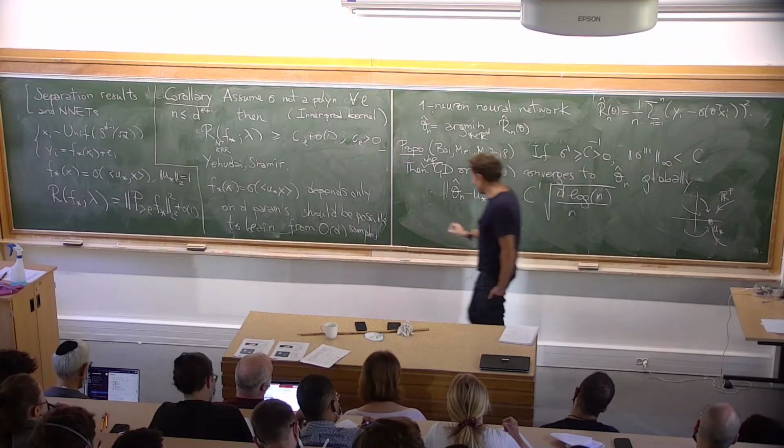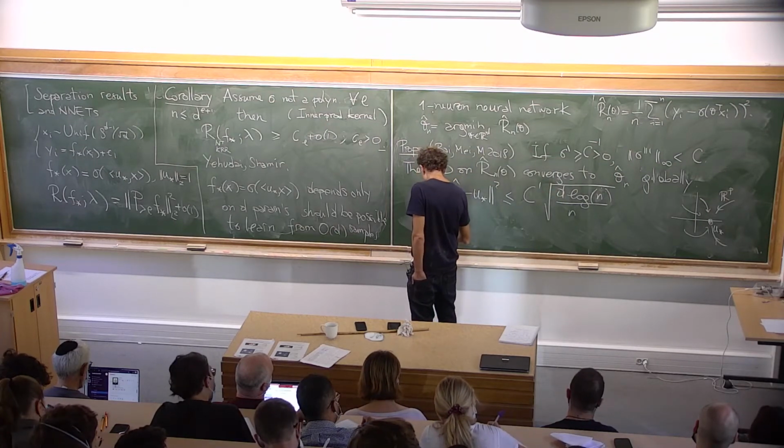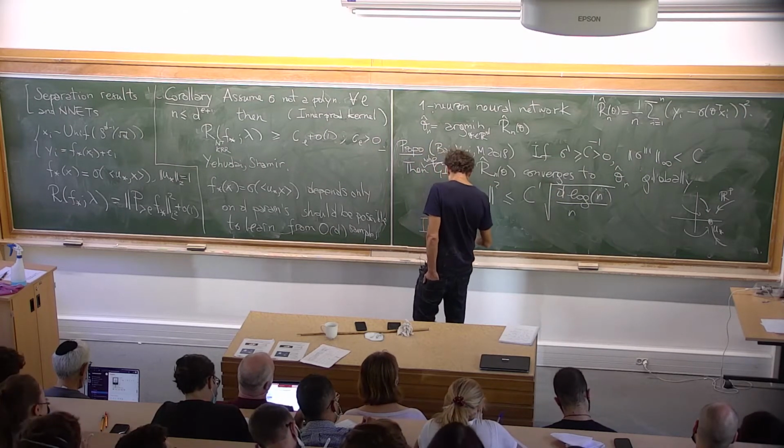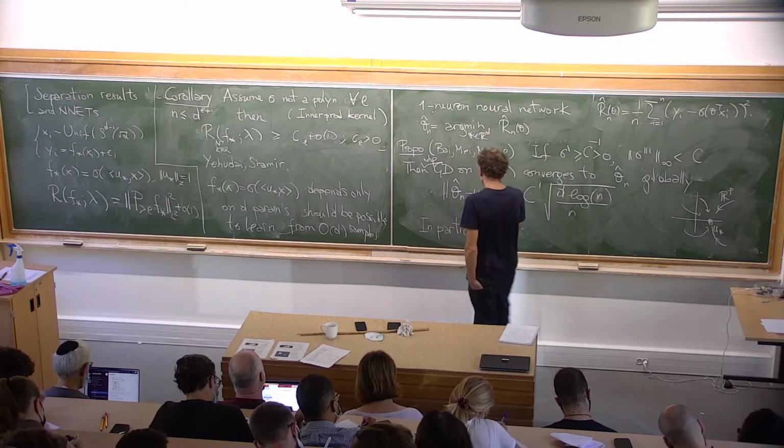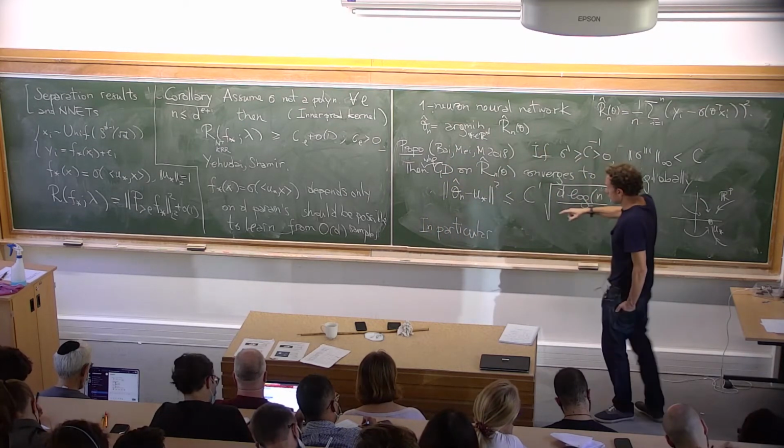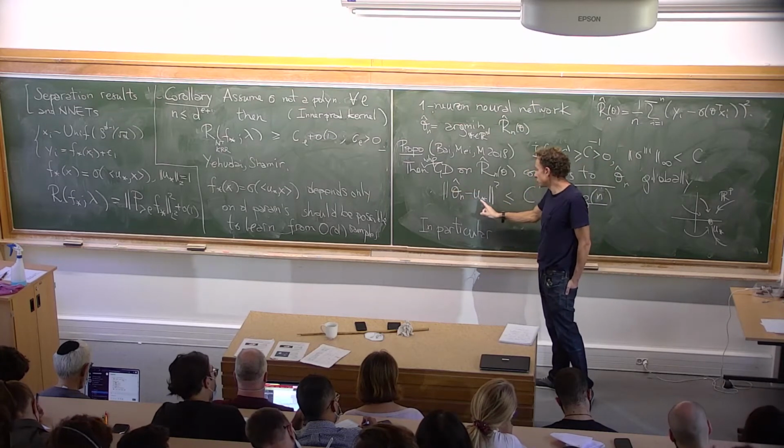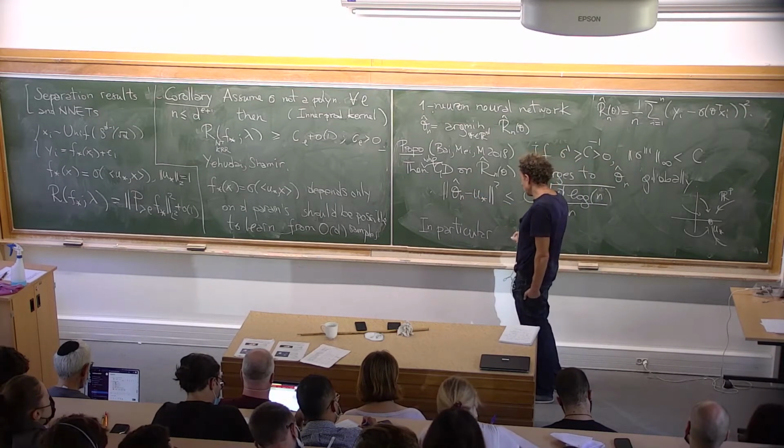So in particular, the risk will depend continuously. So if theta hat n is close to u star, then the test error will be close to zero.